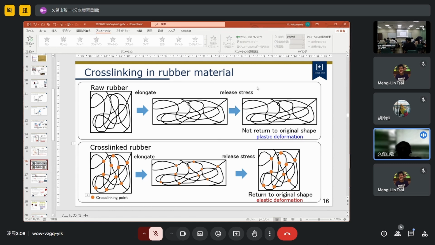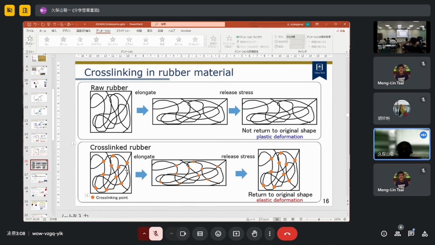So when you use rubber as a product, you should introduce cross-linking points in the rubber structure, like this. The orange part is a chemically introduced cross-linking point.